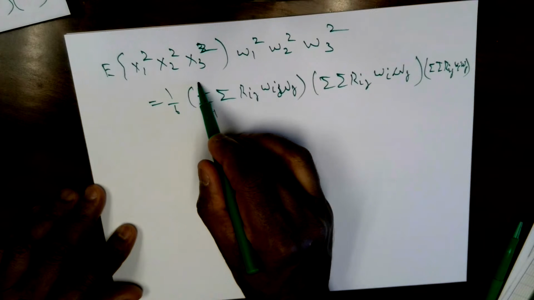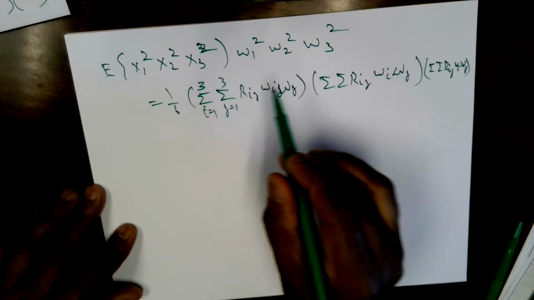I goes from 1 to 3, 3 random variables. J goes from 1 to 3 in all of this.